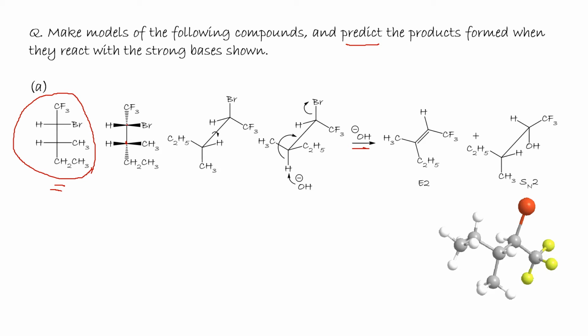I know from Fischer projection that this Br is up, and this and that are down.